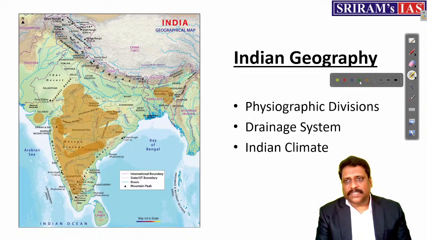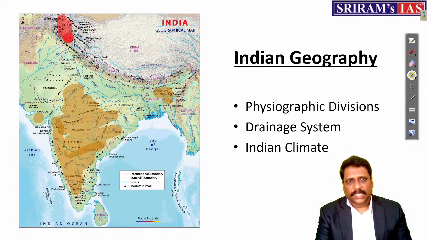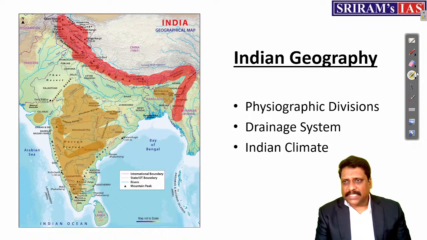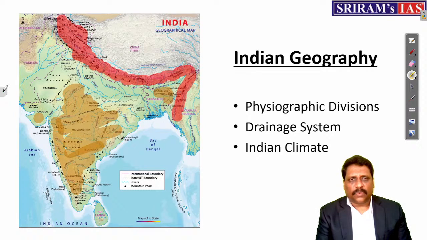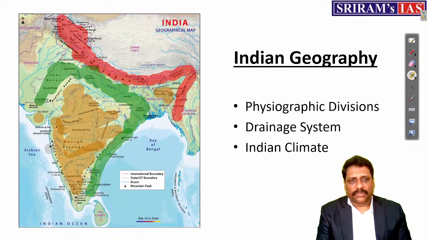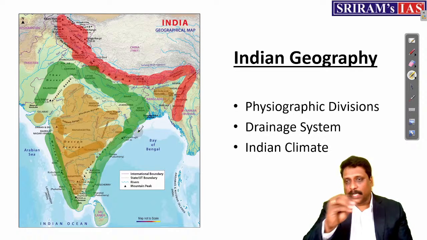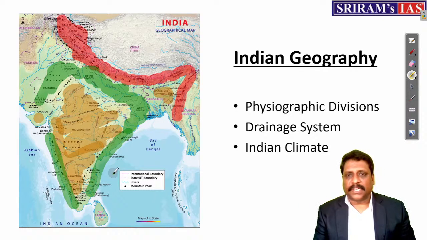On the other hand, the Himalayas, the northern mountain wall, make up the mountains. Then the light green shaded region that you can see everywhere makes up the plains of India. And of course, we do have islands. What exactly is an island? We have an idea.